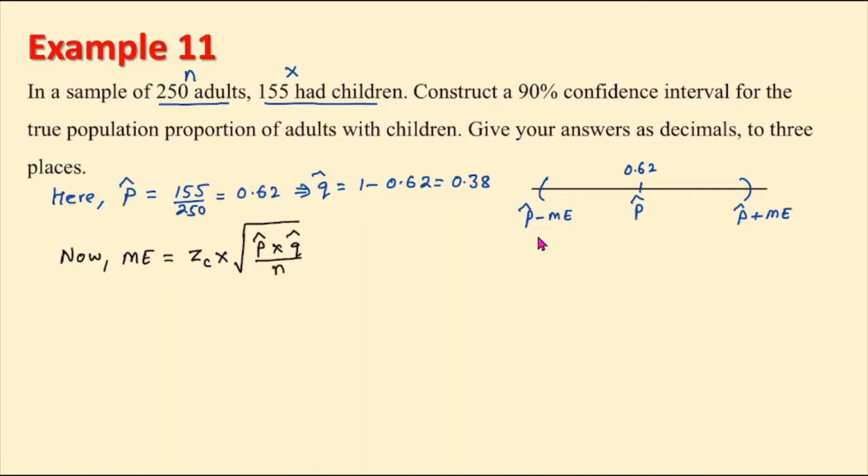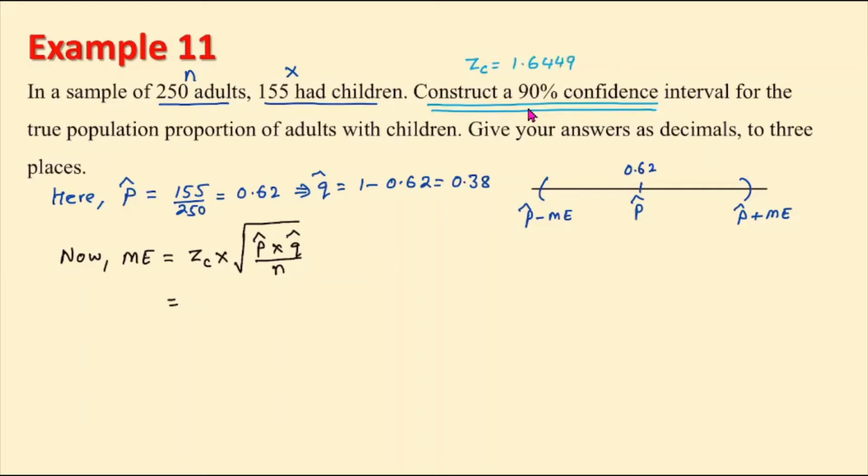That's our formula. Now, for the 90% confidence interval, which is mentioned here, from example 1, we know that the z sub c is 1.6449.